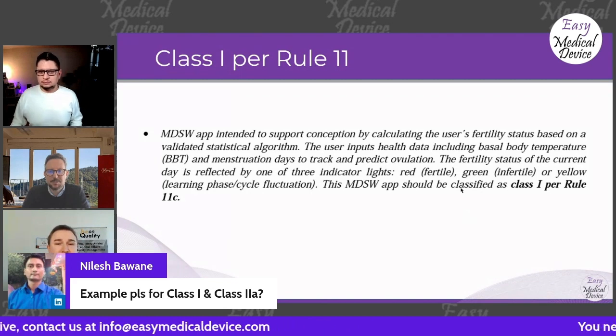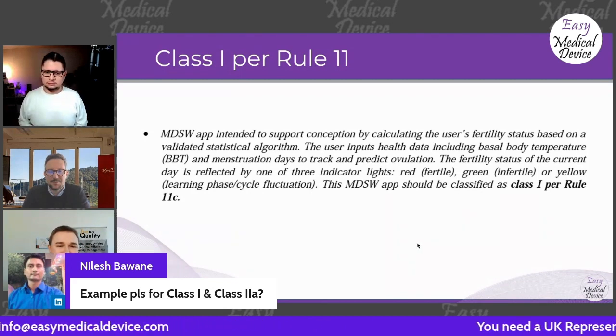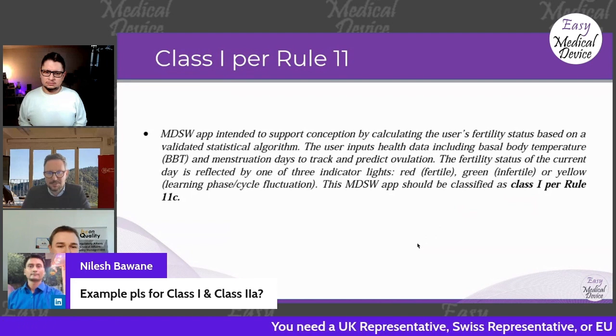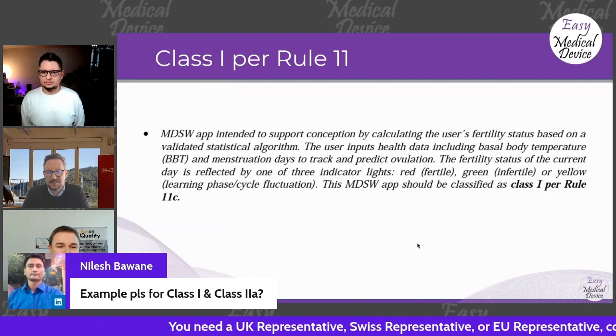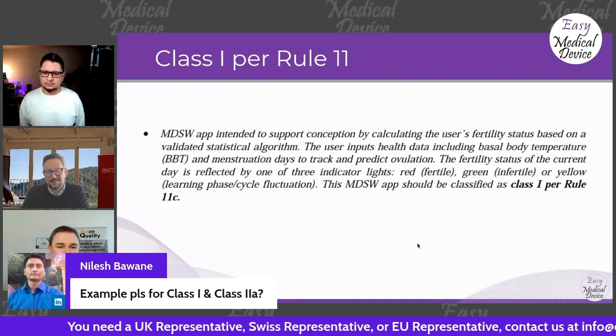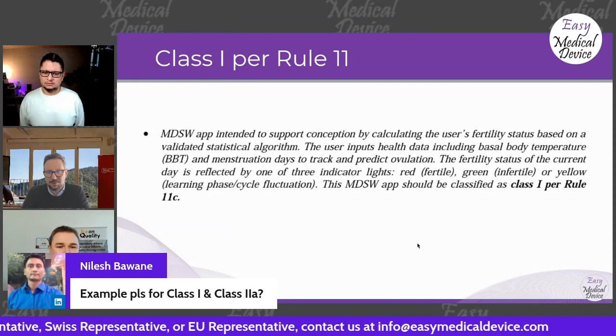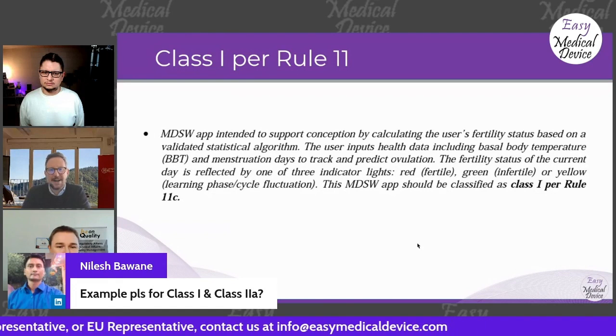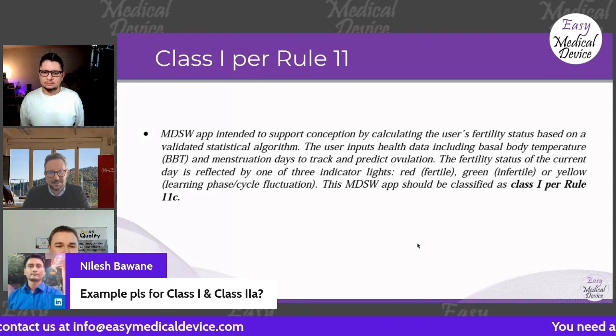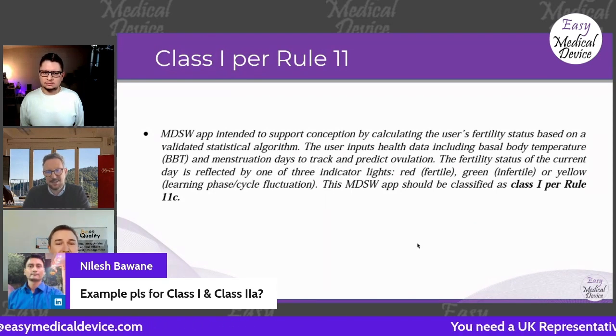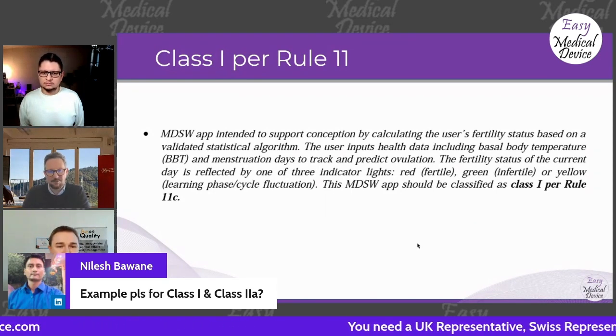Maybe, Munir, before we go to that, I think this example is worth discussing for a minute. Because one of the key challenges for every manufacturer reading this example is that the why is missing. The regulatory why is missing in this example. It does not explain why it is a class 1. There's no clear rationale in it.